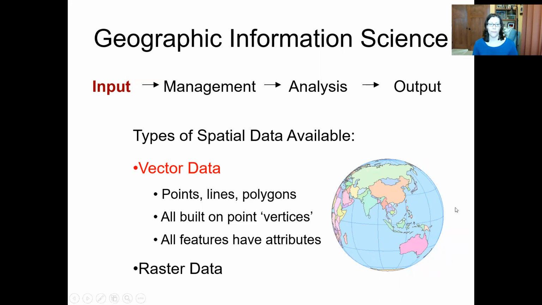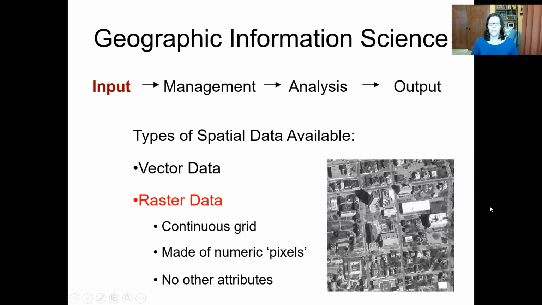The other main type of data is raster data. So raster data are continuous grids. A good example of that is an aerial photo like this one shown here. So images with a spatial context to them.